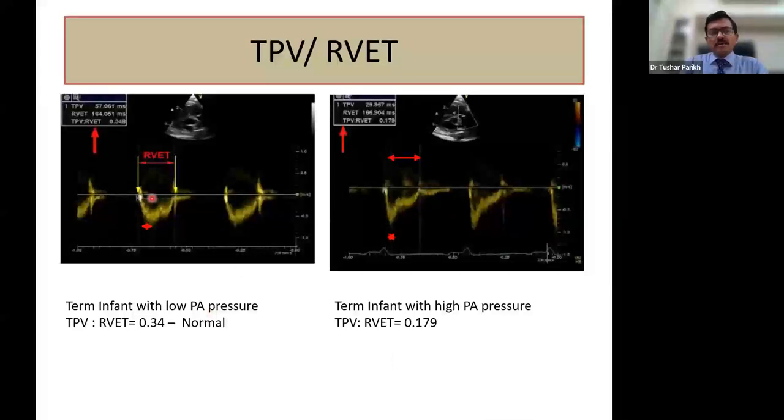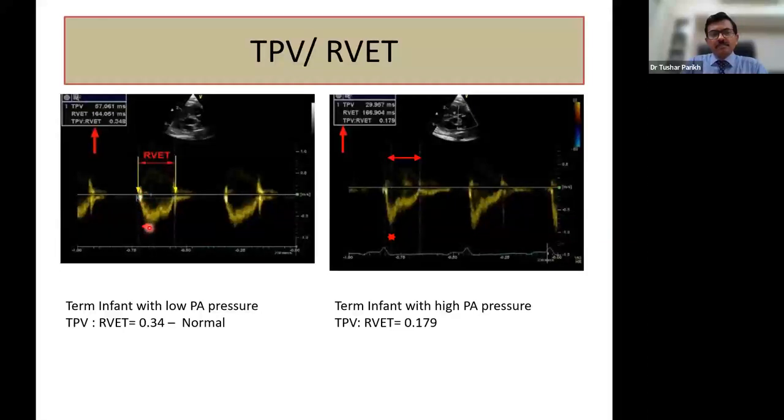Have a look at this left side image. This is the right ventricular ejection time, this entire duration, and we calculate the time to peak from this point to where it peaks. So consider this velocity ejection waveform of the right ventricle and the time it reaches the peak velocity.